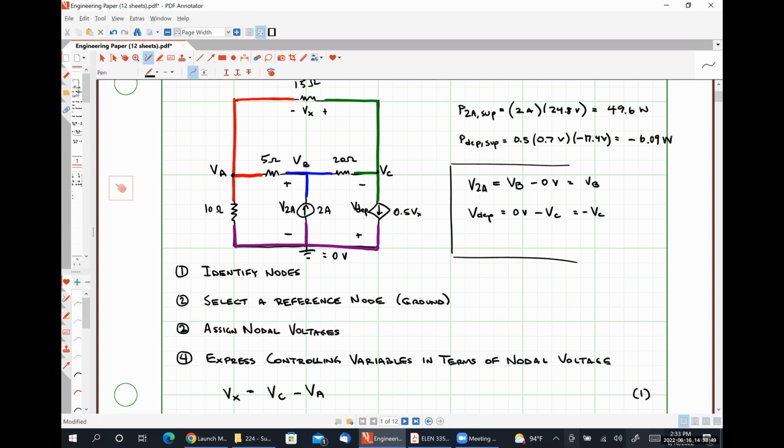So nodal analysis provides us enough information within a step or two after completing it to determine literally any quantity that I could ask you for in any given circuit. Does anybody have any questions thus far?